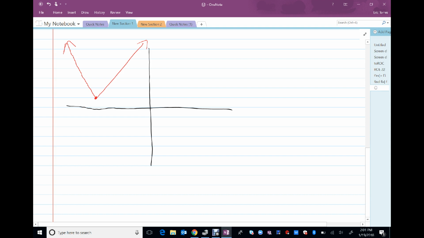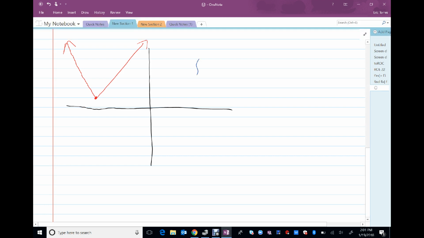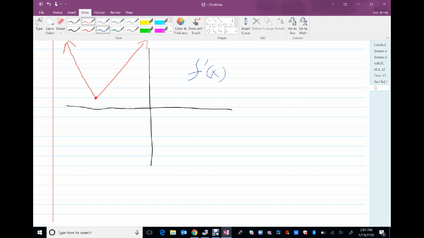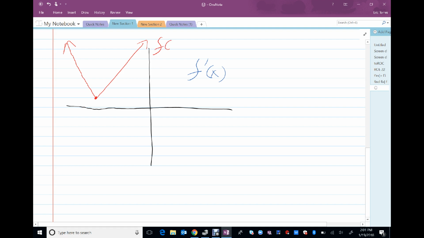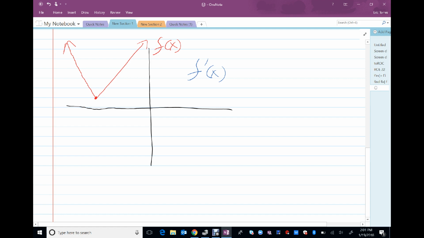And for a line, its instantaneous rate of change is called its slope. So when I draw the derivative, let me label this as my function. When I draw the derivative, we notice something interesting is happening at this x value.